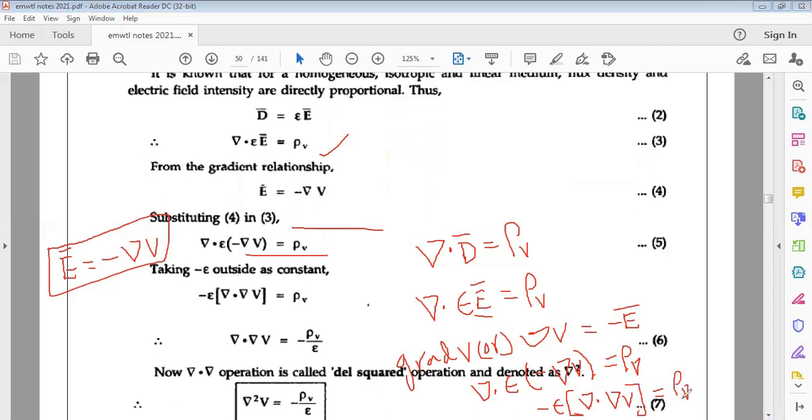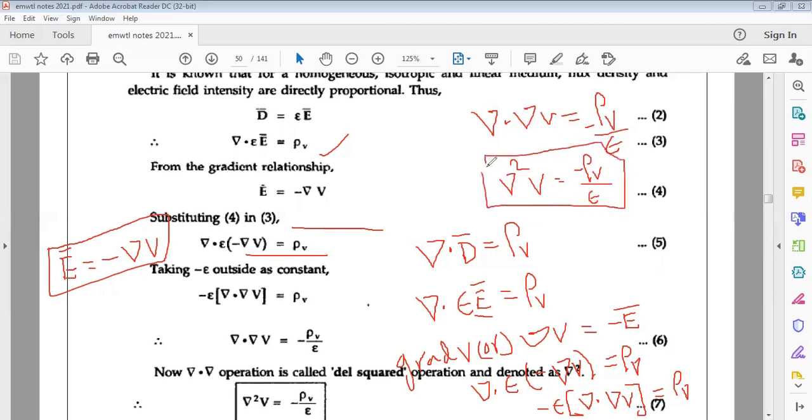Now bring the epsilon downwards. So del dot del V is equal to rho v by epsilon on the right hand side, cross multiply and keep the minus. What is del dot del?